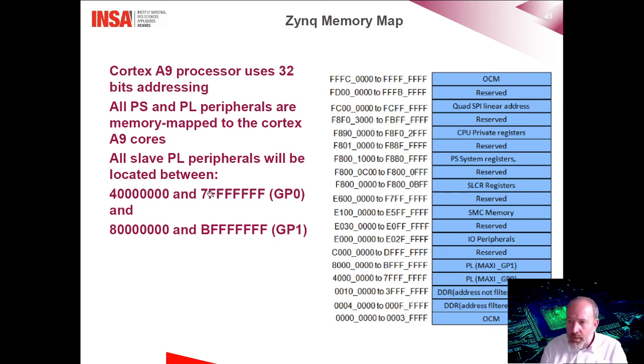Okay, and this constitutes the first section. There's another section between 8000 and this BFFFFF. The other addresses are used to access specific devices within the PS part, like specific registers, memories, or internal peripherals. The list is available here in this table.